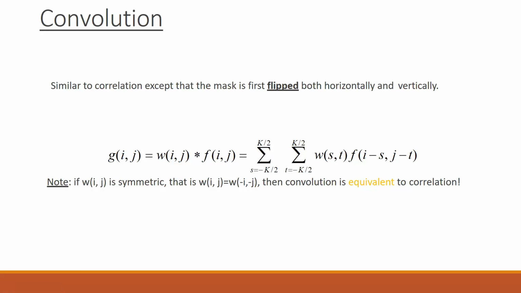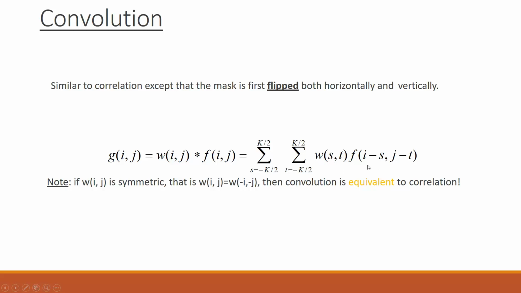Here the size of the filter is k cross k, so s will vary from minus k by 2 to plus k by 2, and t also varies from minus k by 2 to plus k by 2, and w of s comma t is a function of the filter.